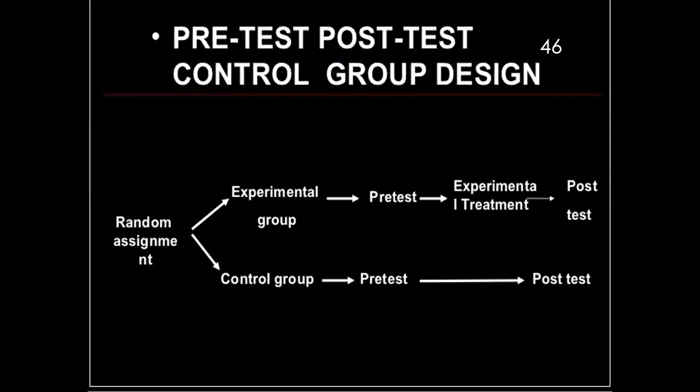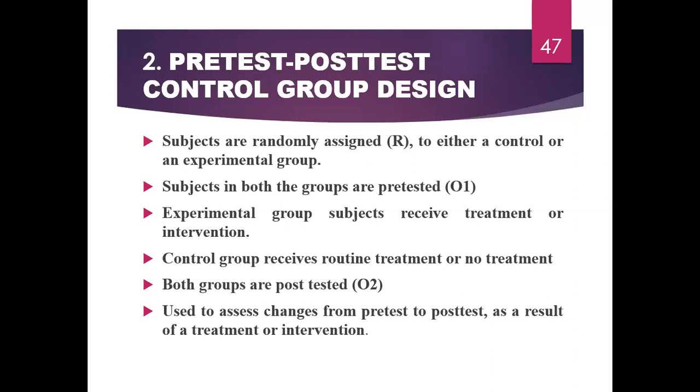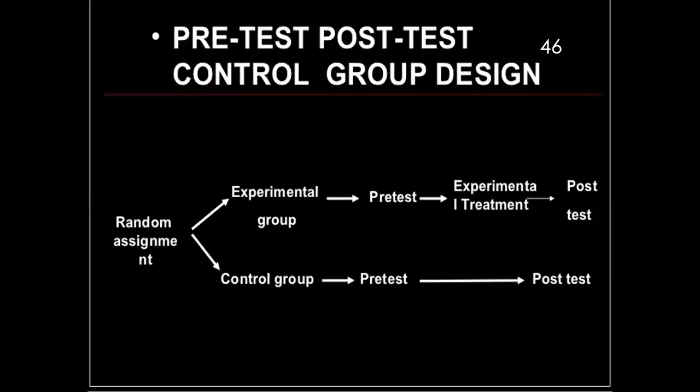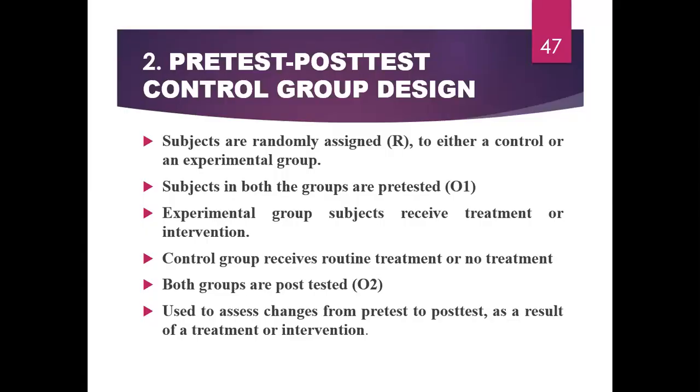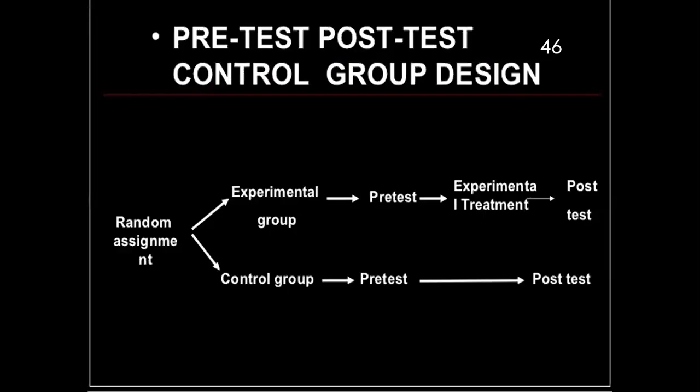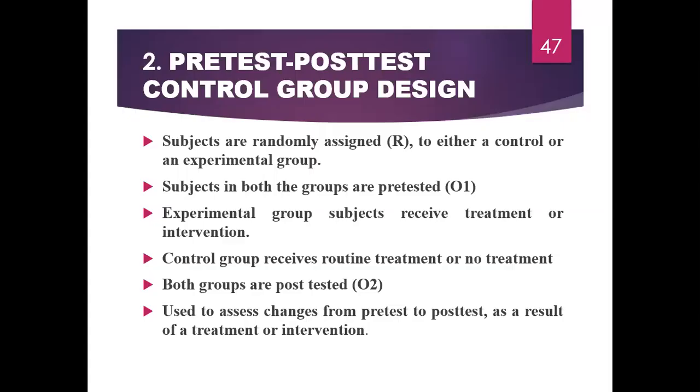So experimental group and control group both will get a pre-test. Experimental group subjects receive treatment or intervention. So experimental treatment or intervention is given to the experimental group and not to the control group. Control group receives routine treatment or no treatment. Both the groups are given a post-test. So that post-test will be observation 2, pre-test will be observation 1.